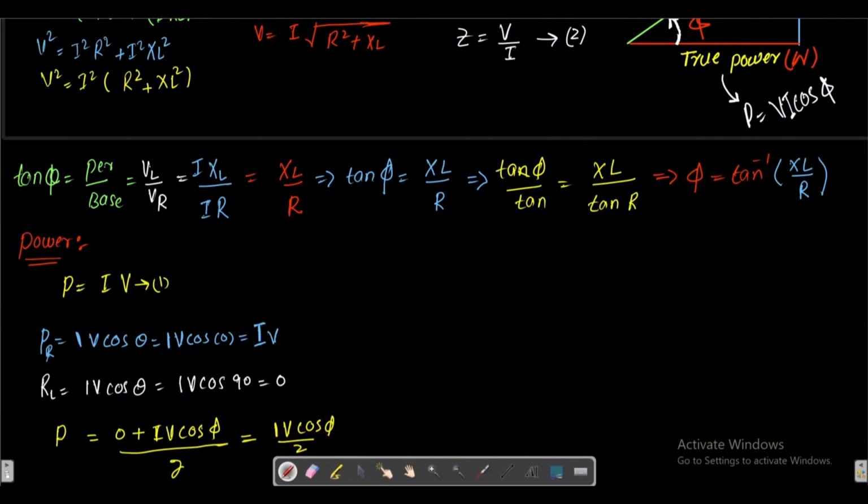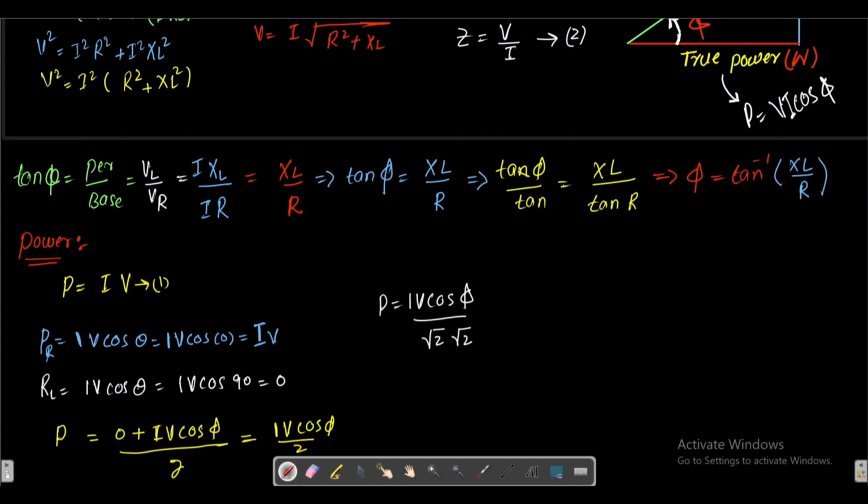Okay, here instead of this 2 we can write square root of 2 and square root of 2. If we multiply these two, it will give again this 2, so therefore I write here.